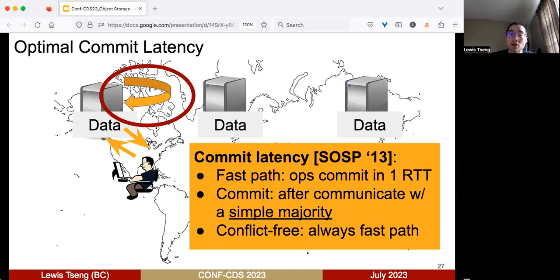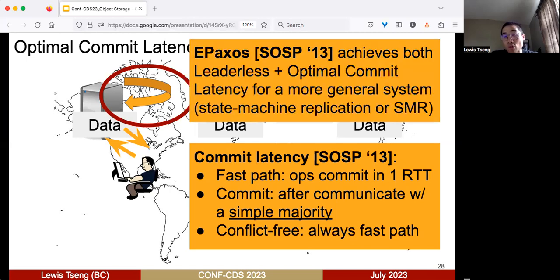It means that after the client communicates with a simple majority of the systems. And what does it mean to be optimal? It means that when there's no conflict among your operations, it should always be on the fast path. And that group actually achieved this leaderless optimal commit latency for a more general system, more general than object storage, called state machine replication.